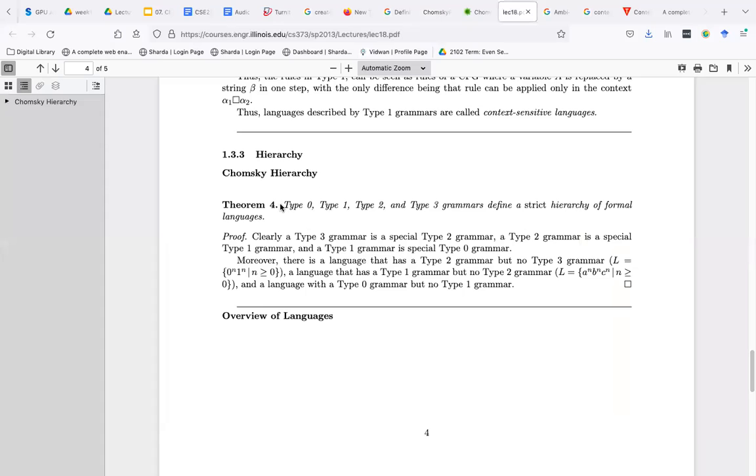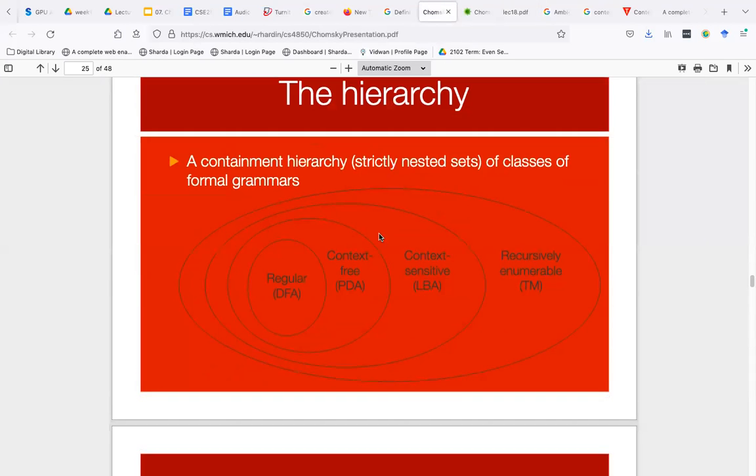One important aspect is called as Chomsky hierarchy of formal languages. This thing. So they say that type 0, type 1, type 2, एक बात बोलते हैं. बात ये है that a type 3 grammar is a special type 2 grammar and a type 2 grammar is a special type 1 grammar, जो कि यहाँ दिखेगा इस तरीके से.